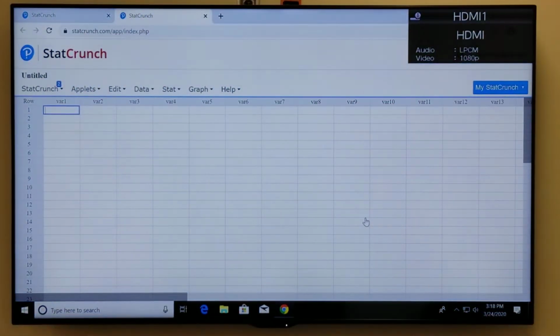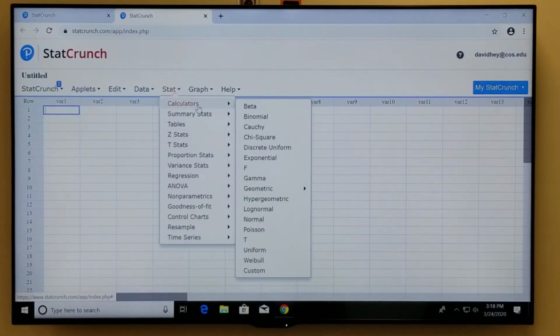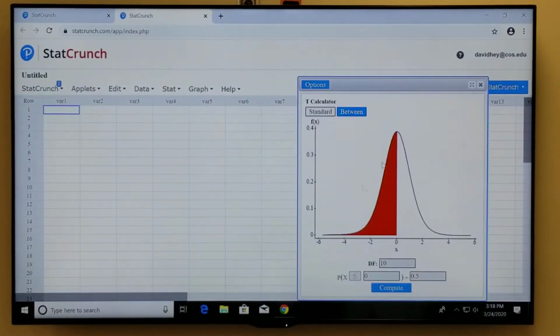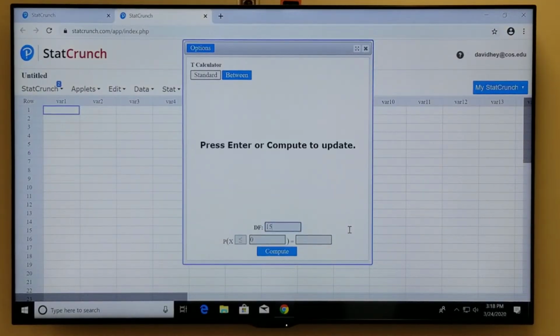We want a critical value that comes from the t distribution, so we're going to go to Stat, Calculators, t. We want 15 degrees of freedom. We want an area of 0.10.